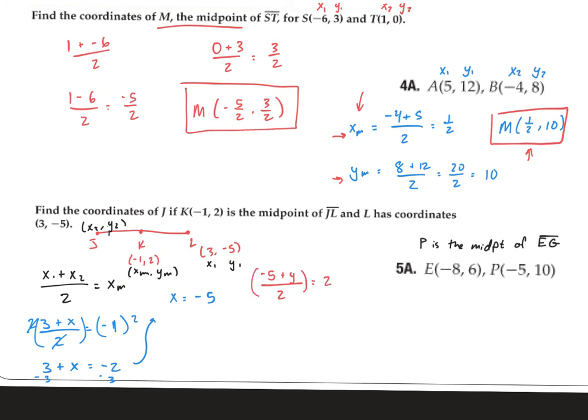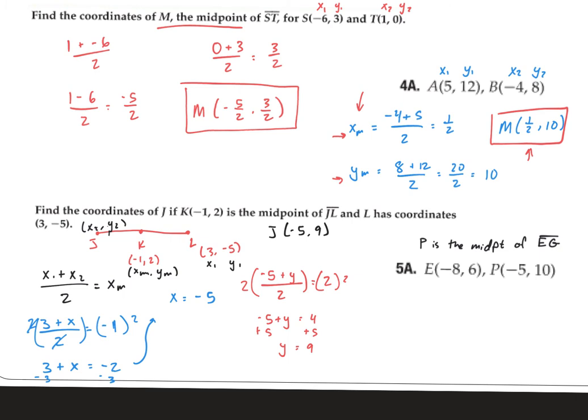Multiply both sides by 2. -5 plus y is equal to 4. Add 5 to both sides. And that means that y is equal to 9. This means our final answer, the point J, is going to be (-5, 9).